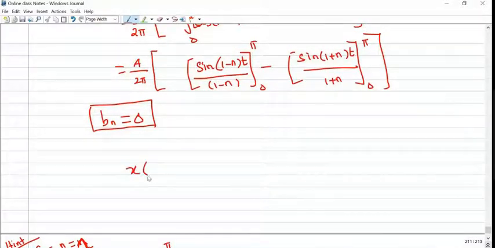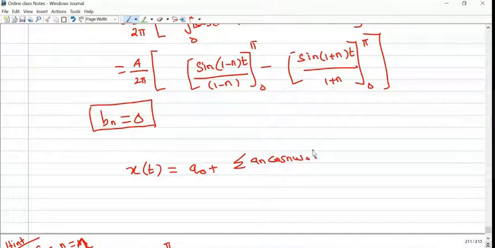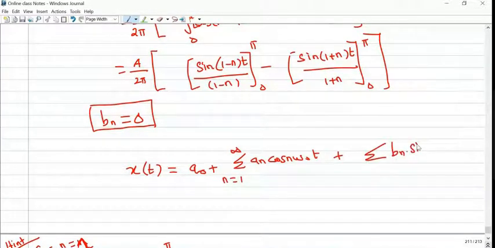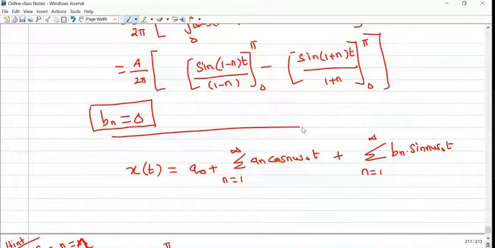So substitute your A naught, An and Bn values in this expression: A naught plus summation An cos n omega naught t, n from 1 to infinity, plus summation Bn sin n omega naught t, n equal to 1 to infinity. Substitute your A naught value, An value, Bn value in the trigonometric Fourier series.